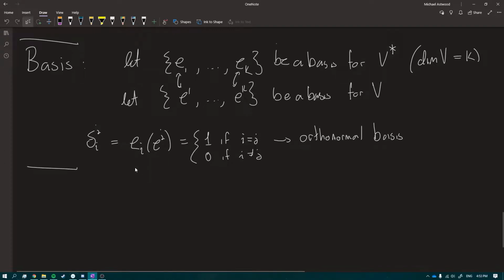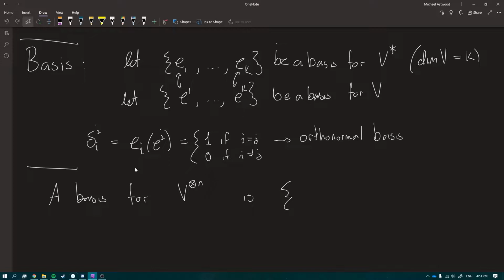So then a basis for V tensor n is going to be the set of all possible combinations of these e_i for any amount less than k.